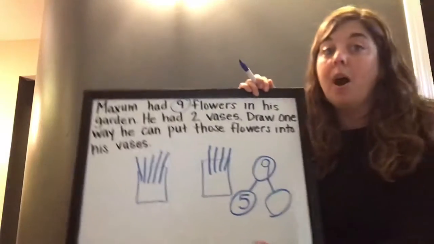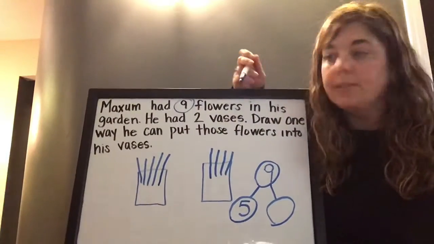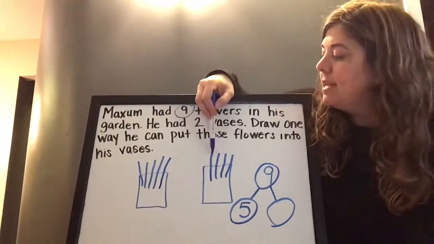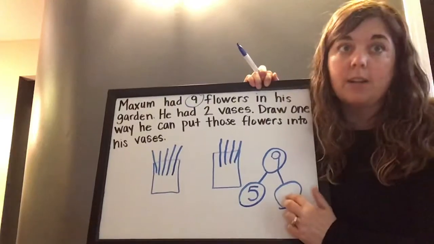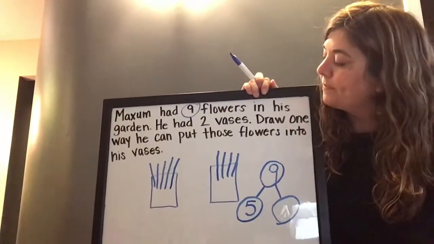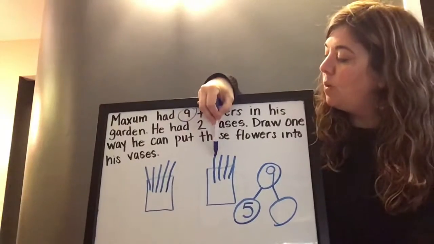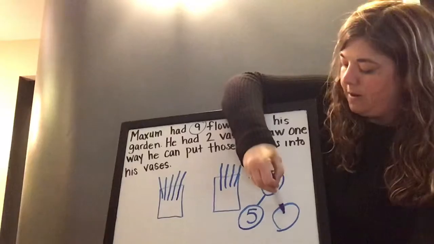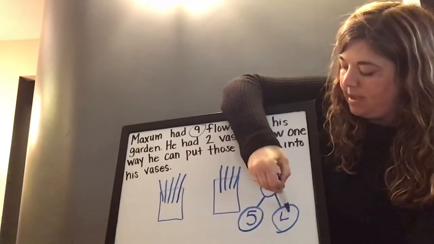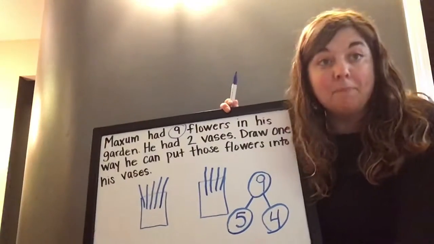Now I want you to pause and count how many are in your second vase, your other part. So go ahead and pause, count how many flowers you have in your second vase, and write that number right in our other part. Okay, mine is 1, 2, 3, 4. So I have a part of 5 and 4. And you guessed it, 5 and 4 make 9.